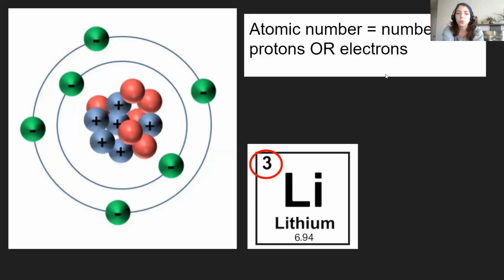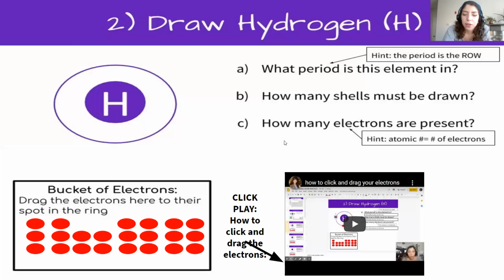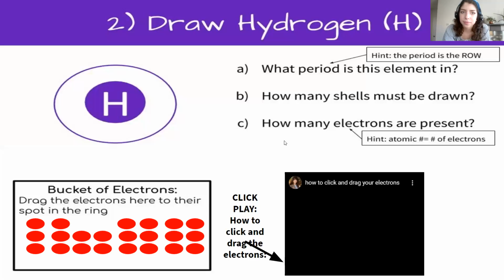In a neutral atom, the negative charge perfectly balances the positive charge. Since electrons are negative and protons are positive, if you have 6 positively charged protons, you must have 6 negatively charged electrons. Okay, and the atomic number is that top number.